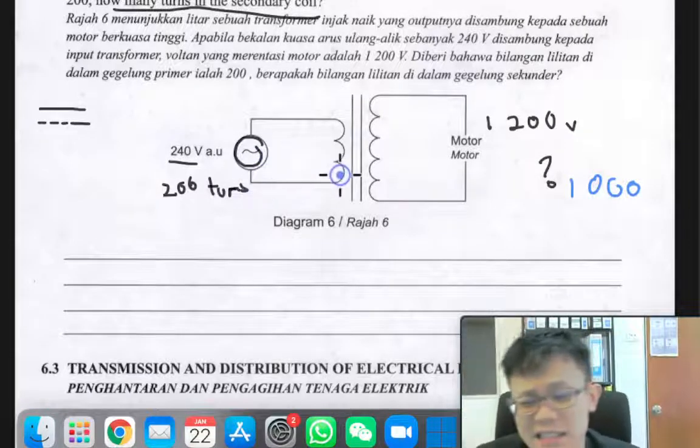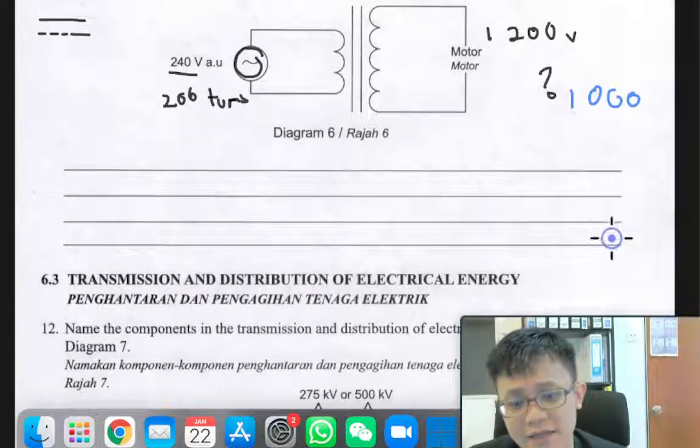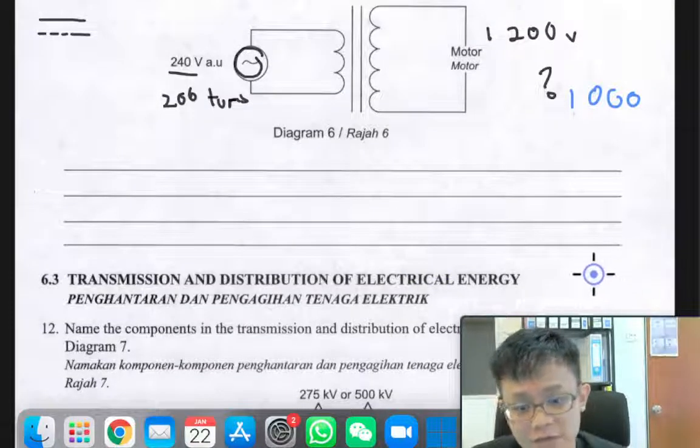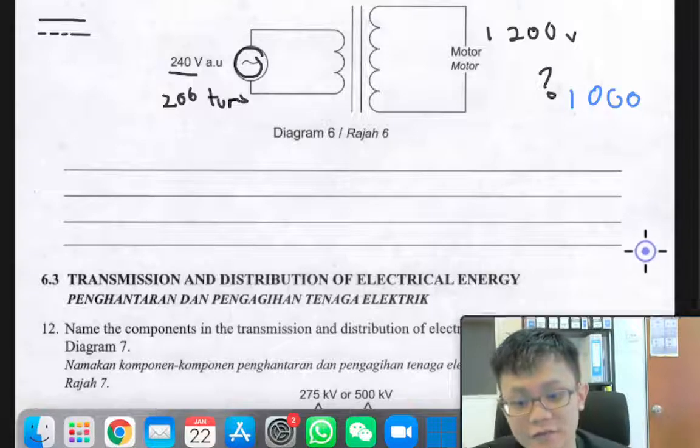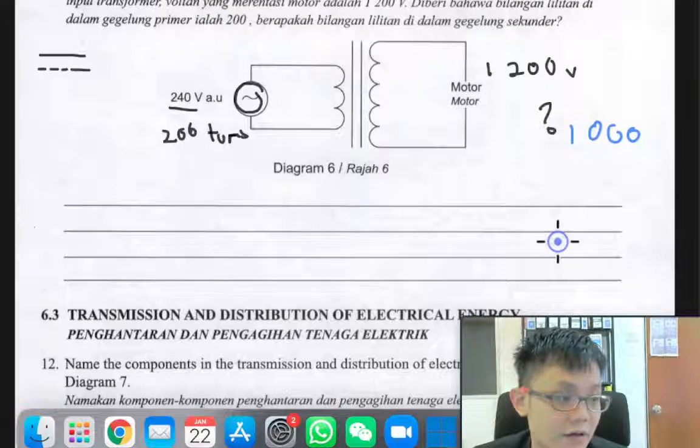So what is this? If you remember the formula, the best is to write the formula, but here I don't have the marks shown. Like a mathematics question, if you write the formula, then it will be better. So what is the formula?